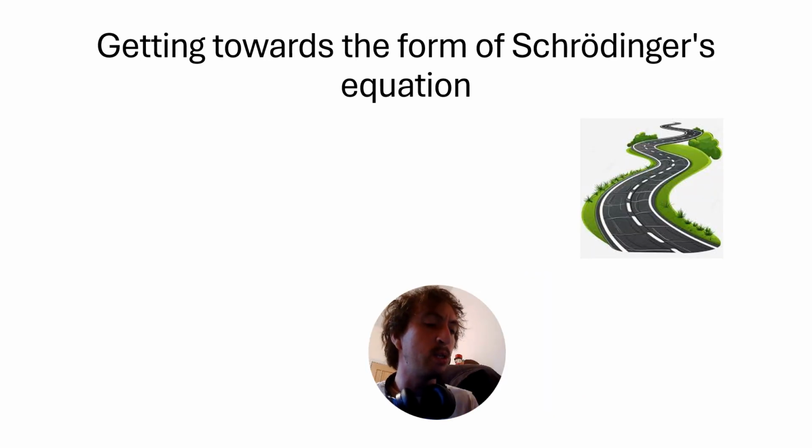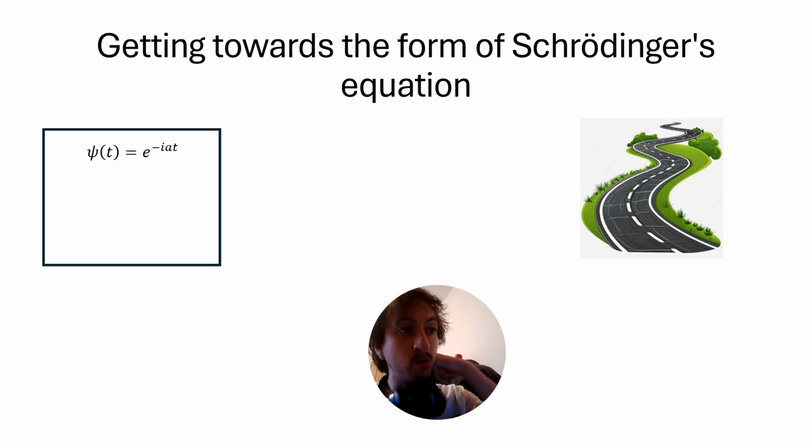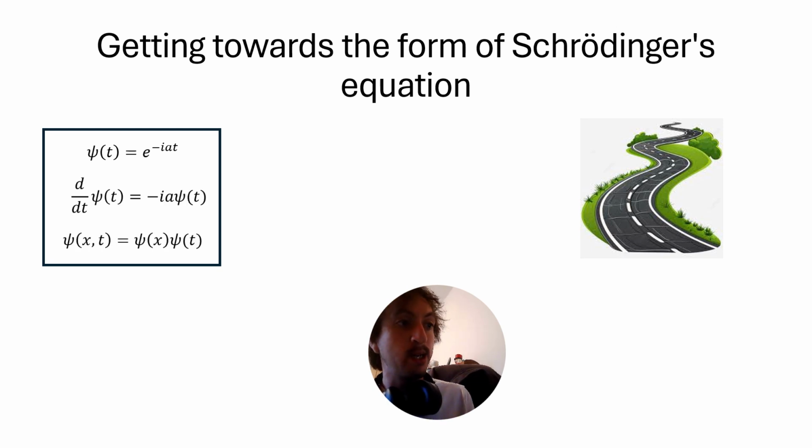So now what we need to do is work out what this a could be, and write it in terms of constants. We don't have any Planck constant or reduced Planck constant appearing yet, which indicates we still have a tiny bit to do, and that will bring us to Schrödinger's equation. So remember, psi of t takes this form, and we can differentiate both sides with respect to time, and we get this.